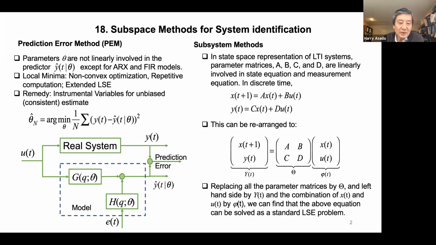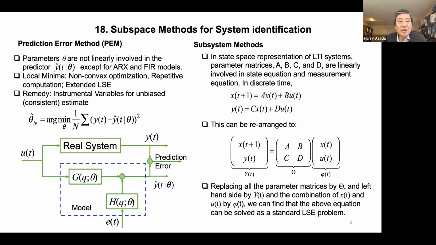In case a little bit of colored noise comes into this, you tend to have a biased estimate. To get rid of it, there are a few techniques. One is to get the predictor including this H, and go for modeling like the ARMAX model, or a more complex one.